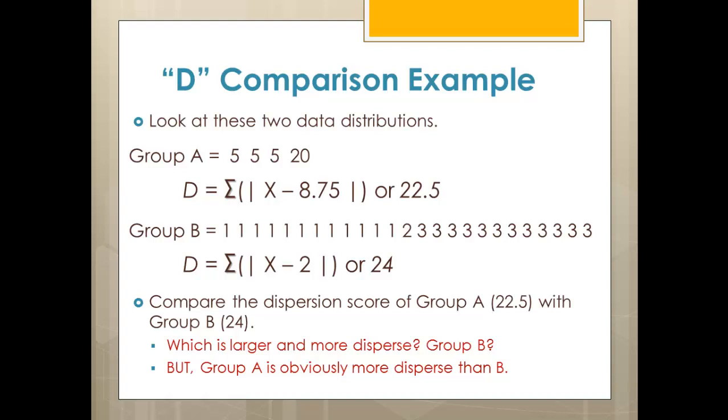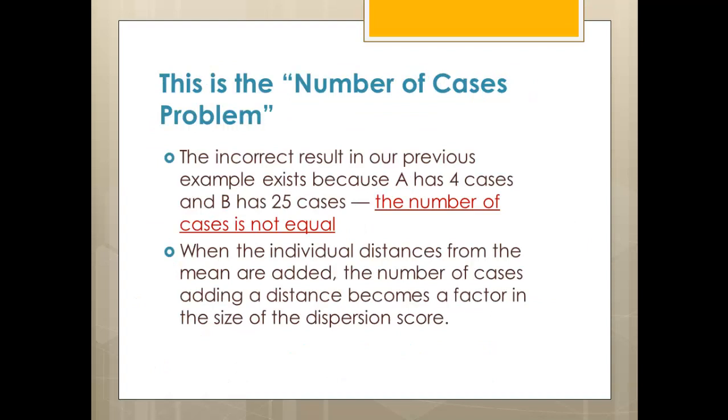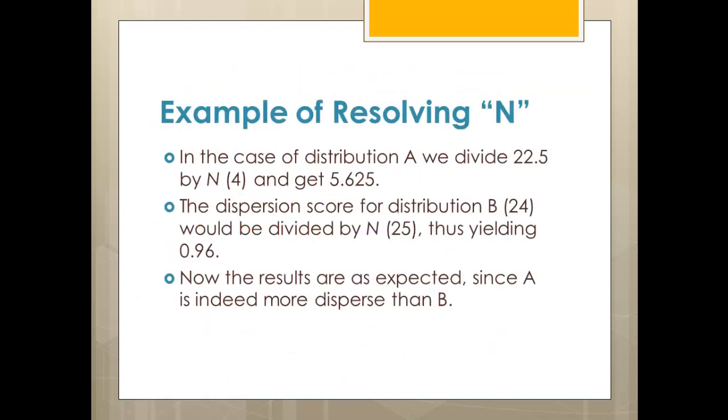So we would need to find an average. You could take the total, 22.5, and divide by 4, or you could take that 24 and divide by the number of scores that there are, and you would get an average distance. That's what this slide is telling you. When you divide 22.5 by 4, you get 5.625, and when you divide the sum of 24 by 25 scores in distribution B, you get an average deviation of 0.96.